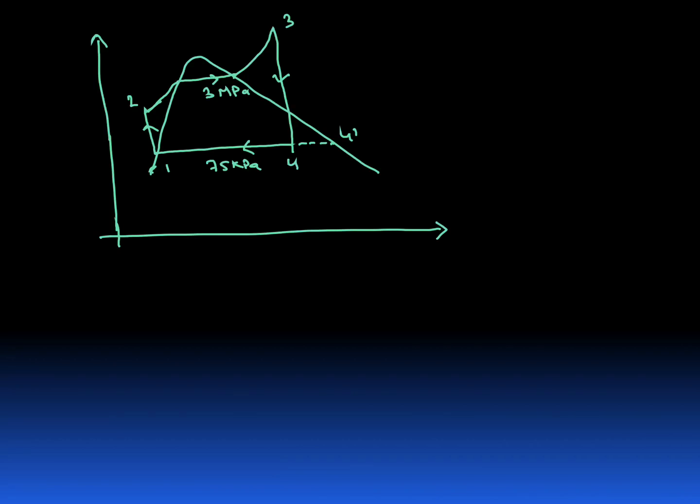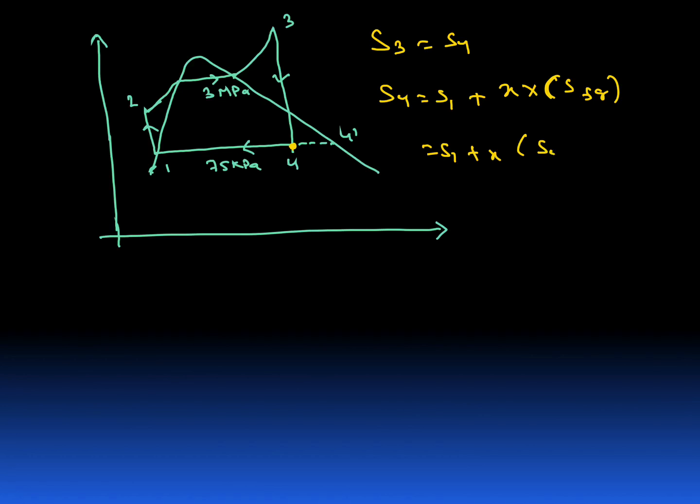We know 3 to 4 is an isentropic process. So S3 we already got. S3 equals S4, which equals S1 plus X into SFG. So SFG is S4 dash minus S1. We will calculate.